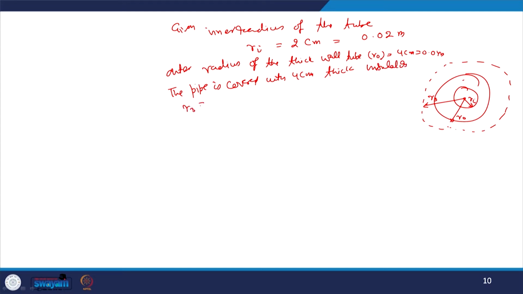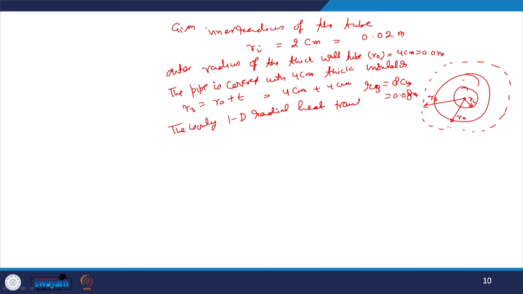So R3 is equal to R naught plus T, which is 4 centimeter plus 4 centimeter, and R3 is equal to 8 centimeter, which is 0.08 meter.